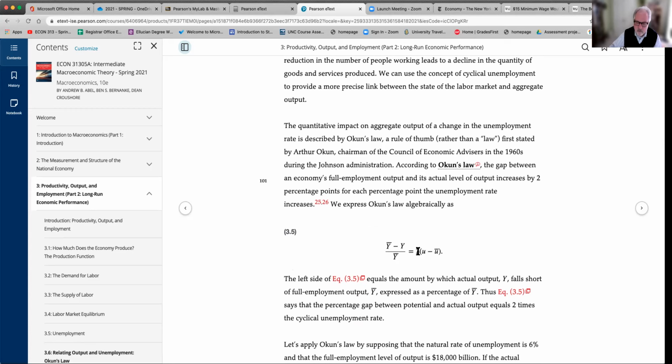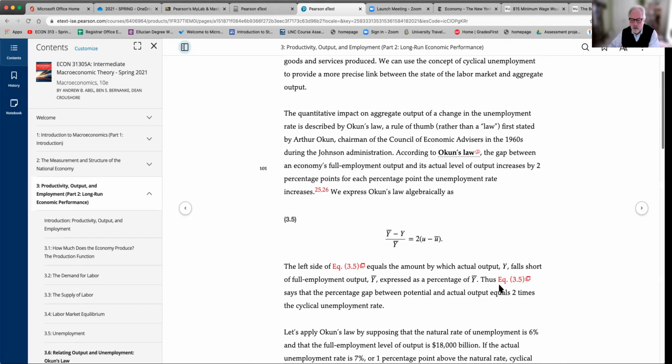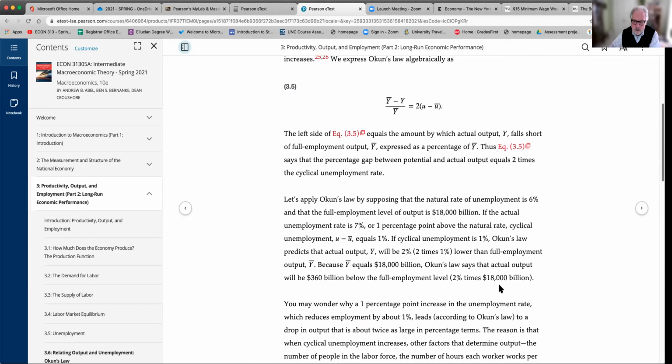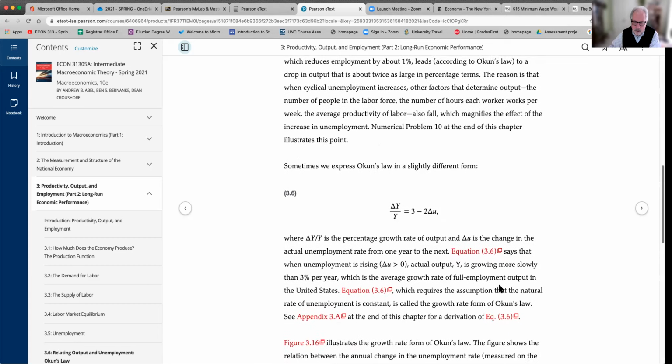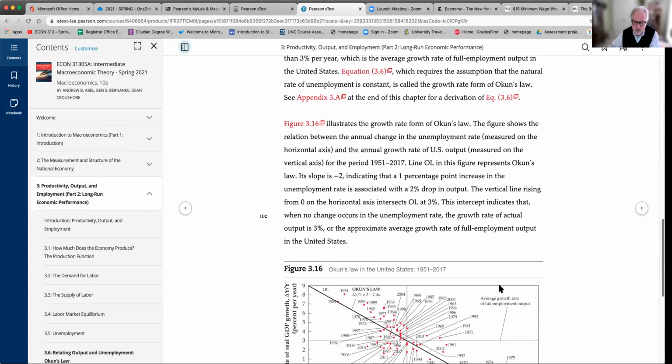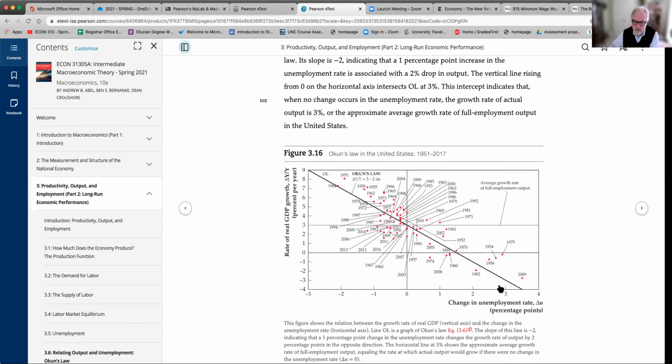It's a positive number here, and it gives some kind of mathematical relationship between the two. So we can actually graph that. This comes from the work that Okun did, and then updates of that relationship for various years, and shows in this case the rate of real GDP growth and the change in the unemployment rate.